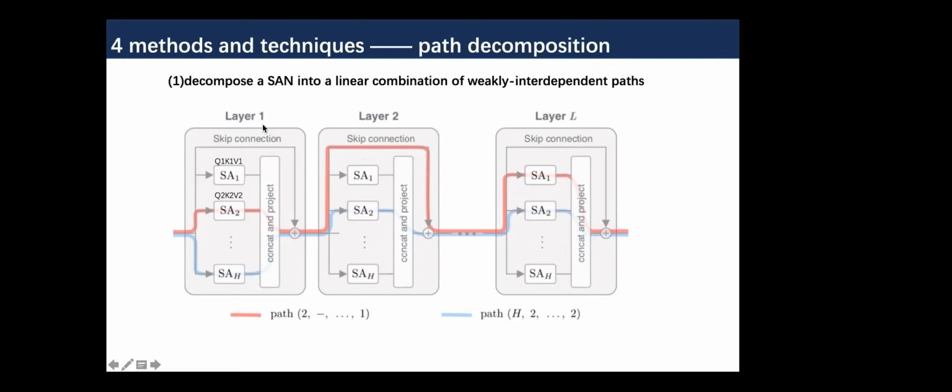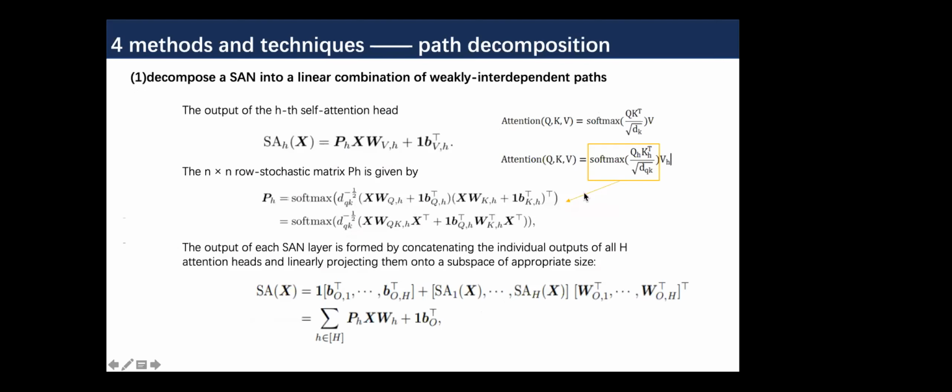That's from the image, but what about from the mathematical view? We have this formula from before, with which we can calculate the output of the attention layers. We multiply Q by K, and also multiply V, and do some softmax. What's the difference between this one and this one? The only difference is the subscript H. It means head.